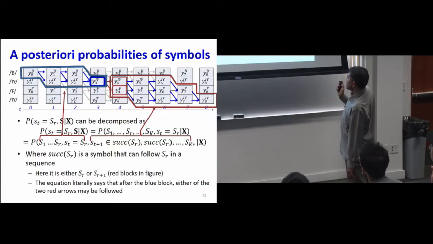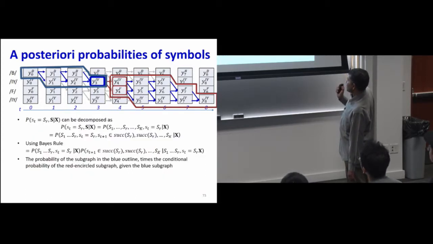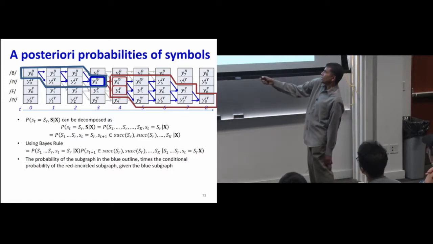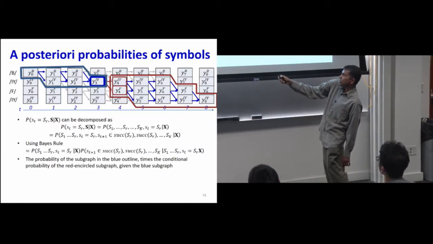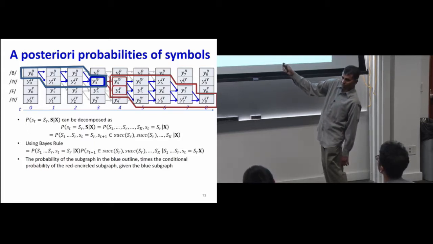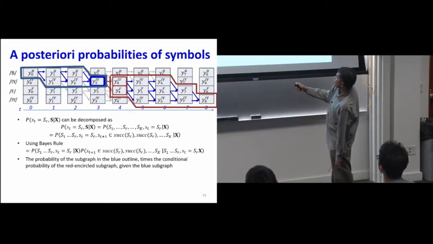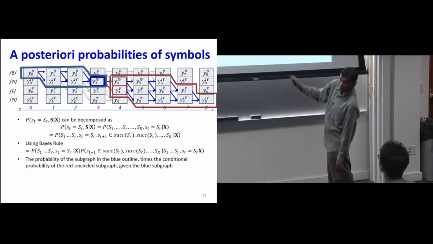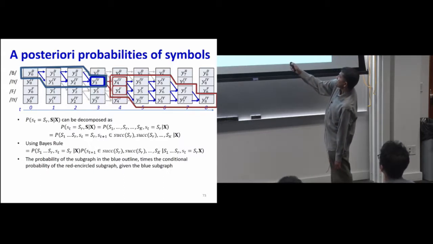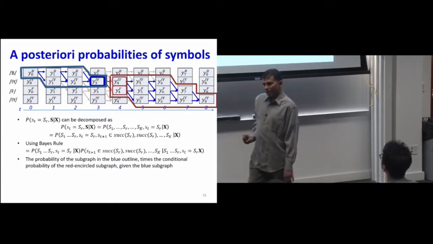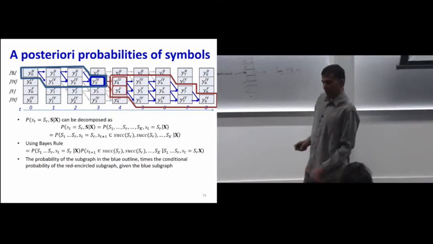So what this means is that, by Bayes' rule, I can compute this total probability as the probability of the blue graph, which is the probability of the compressed symbol sequence going up to this symbol, and being in this symbol at time t, times the probability of the red graph, which is the probability of the rest of the symbol sequence, which may or may not include E, given this graph, which is entirely represented by the fact that the symbol at time t was this one, right? So this is still mathematically perfectly correct. We haven't made any assumptions.